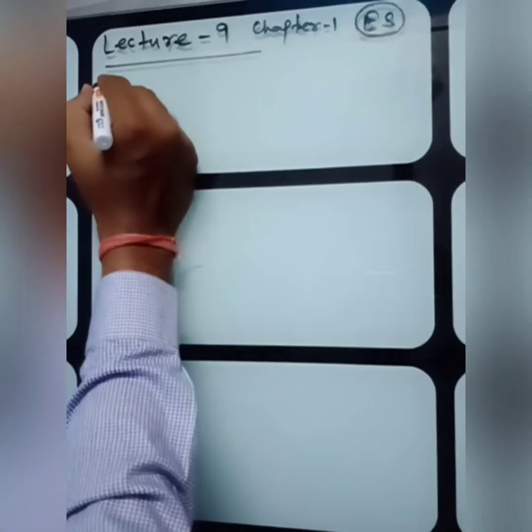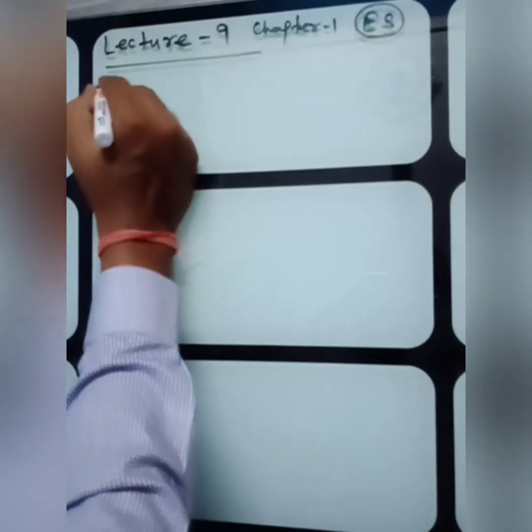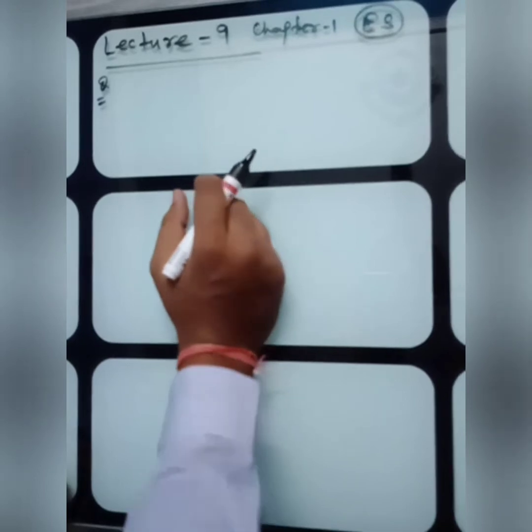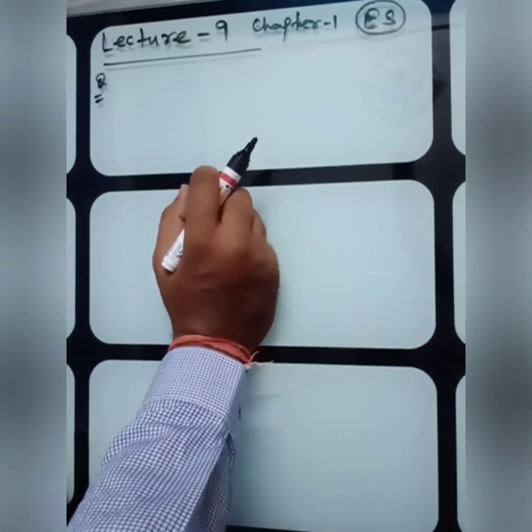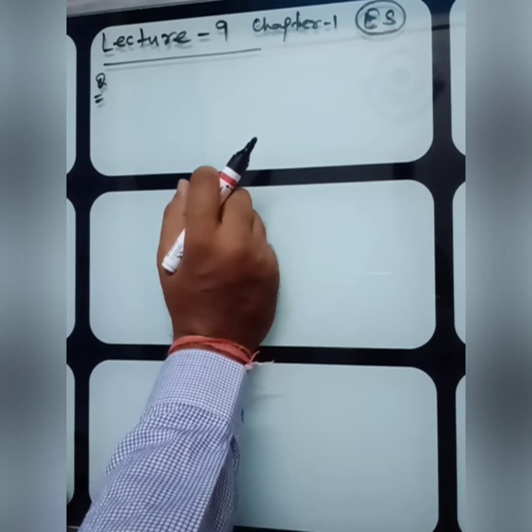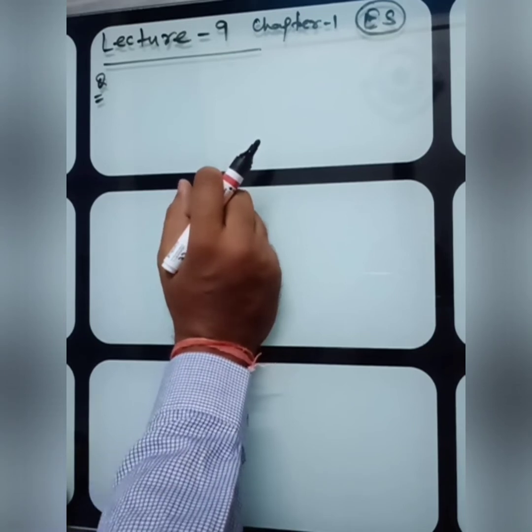So the first question of today, students: we have studied the question of what should be the position where a third charge can be placed to have net force as 0.